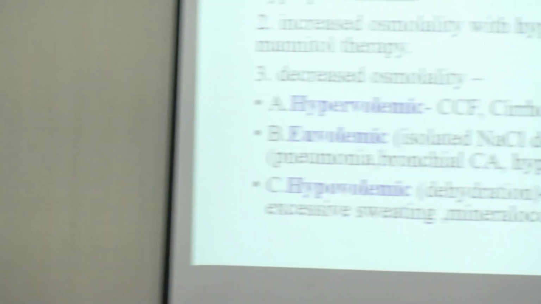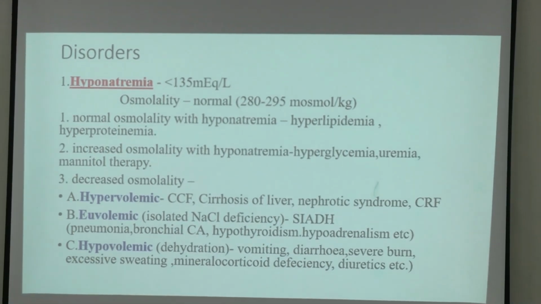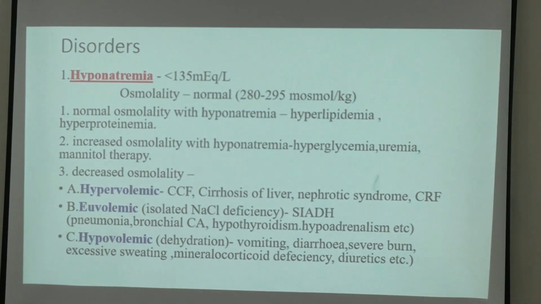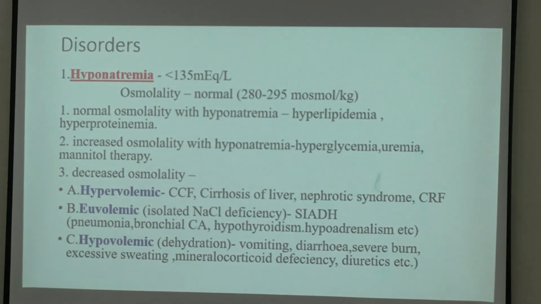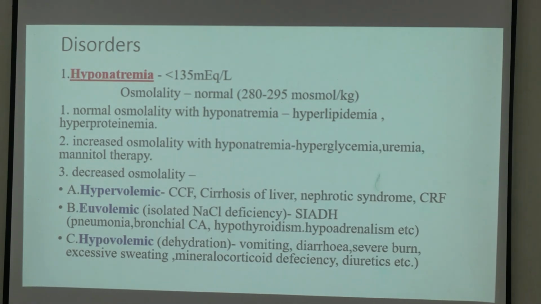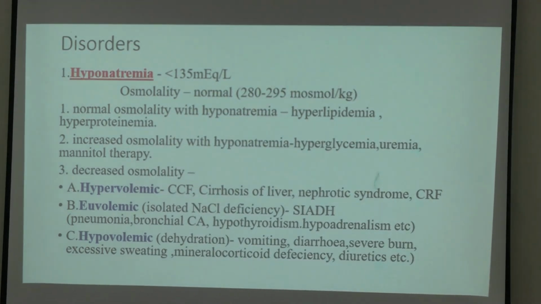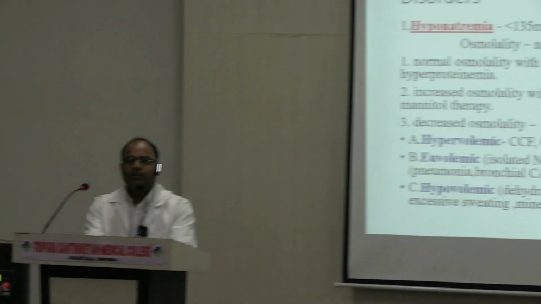So, disorders of sodium. Remember, the normal sodium value is very important. Just remember this, 130 to 145 milligram per liter. When it is less than 135, it is called hyponatremia. So if we have a patient and we get a sodium of 130, the patient may be absolutely normal.